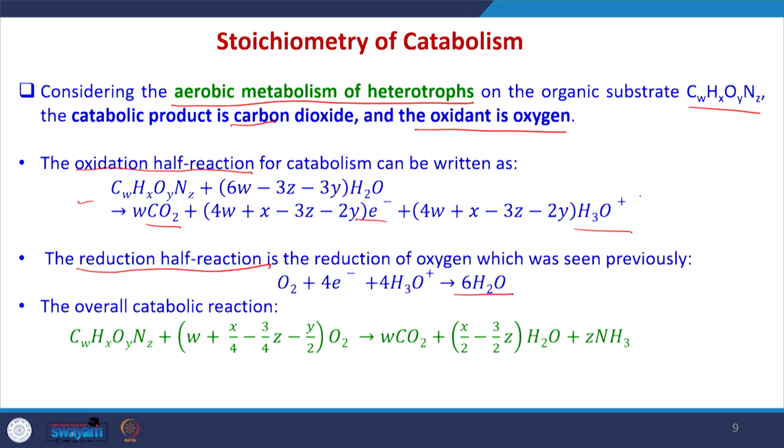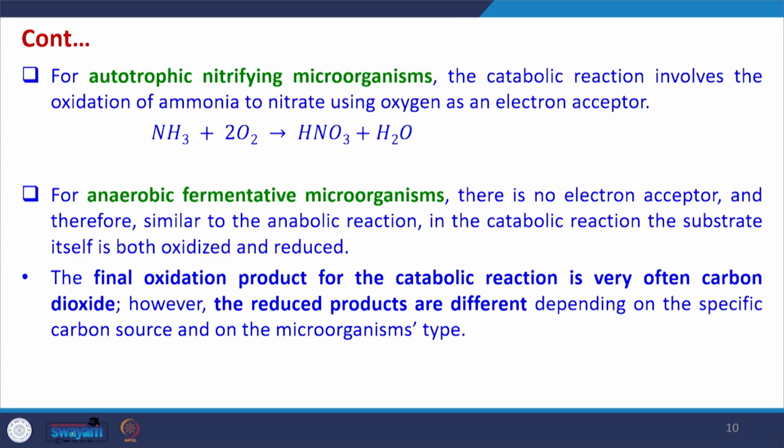And if we combine both the reactions A and B, the overall catabolic reaction can be written as where some substrate is oxidized in presence of oxygen to CO2 and H2O and NH3 if nitrogen is an element. So, already we have seen such a reaction during our theoretical calculation of THOD. So, the same is being repeated here. Here they are called catabolism reactions because they provide the energy during the aerobic metabolism of heterotrophs.